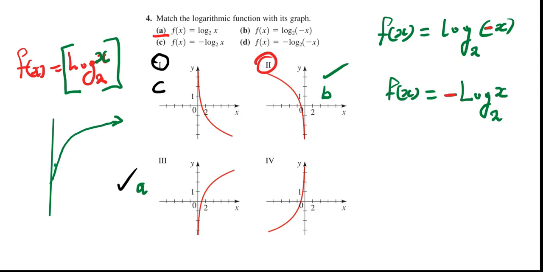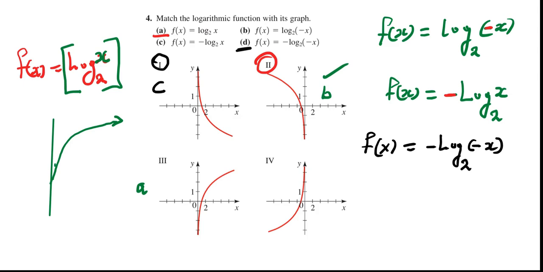Good. So let's look at the next one, which is the final one, D. The function f of x is equals to negative log negative x to base 2.